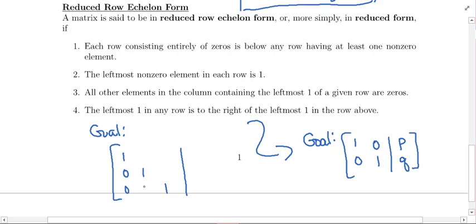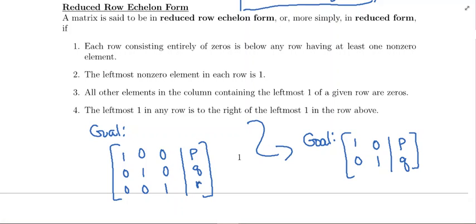You want zeros above and below those ones. That's what your goal will look like on the left side of the vertical line, and then you'll just have numbers on the right side. So you're still going to have the same type of goal. You're just doing it to a bigger system.